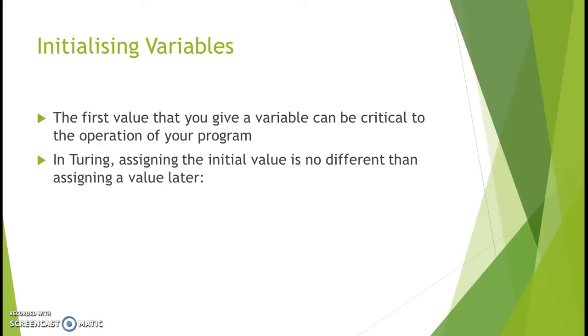Your initial value for a variable is often very important to the way that your program works. If you don't give it an appropriate value up front, it can cause your given logic that you build to go haywire at a later point.